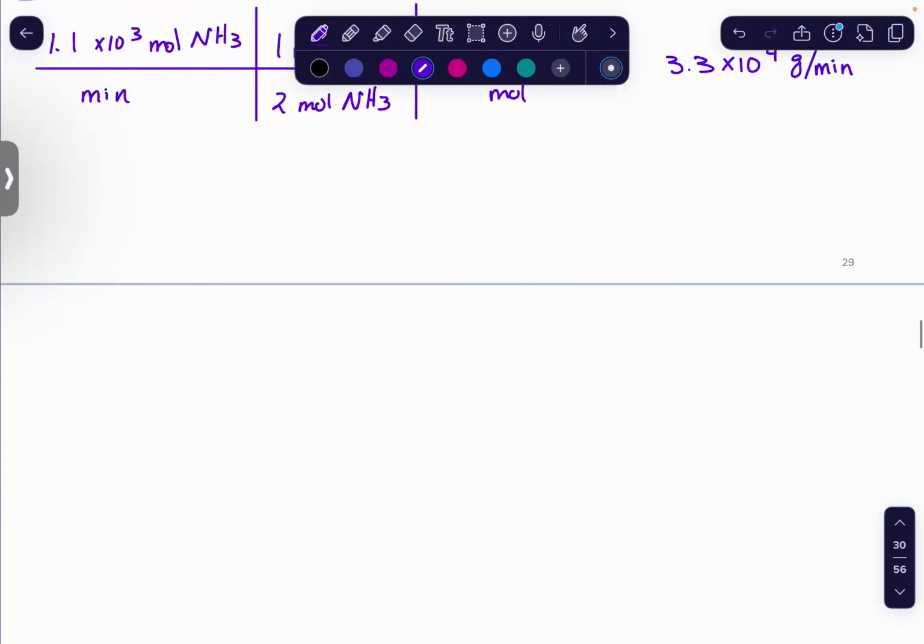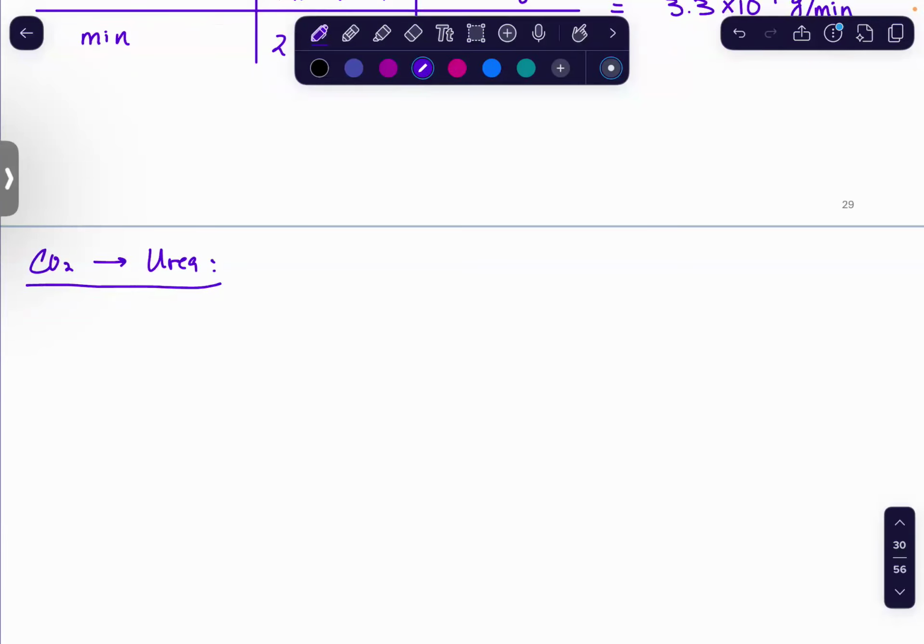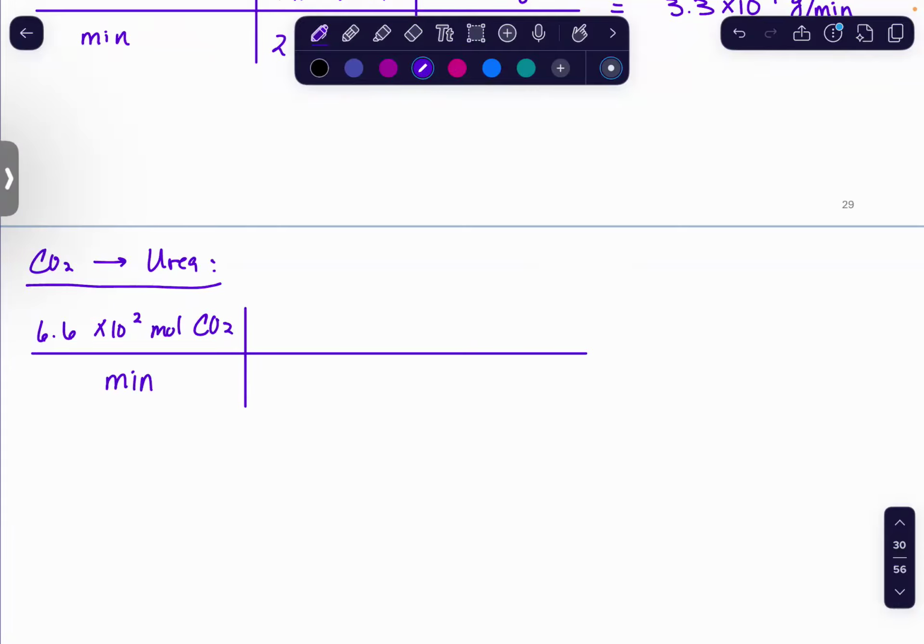Okay, well, what about carbon dioxide urea production? Okay, so our moles of carbon dioxide that we calculated every minute is 6.6 times 10 to the second moles CO2 per minute.